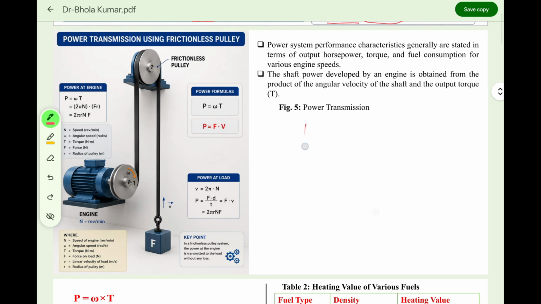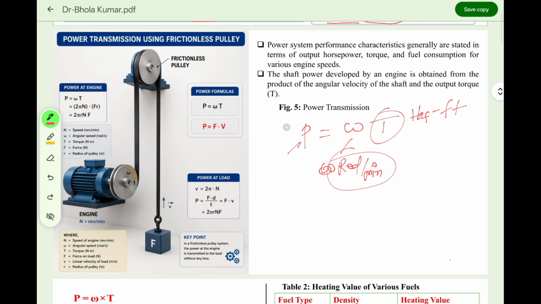In the power drive system, power is written as ω times T, where omega is the angular velocity, written in radians per second or per minute, depending on which unit you use; here, radians per minute. And the torque, in field units, is written in lbf-feet.